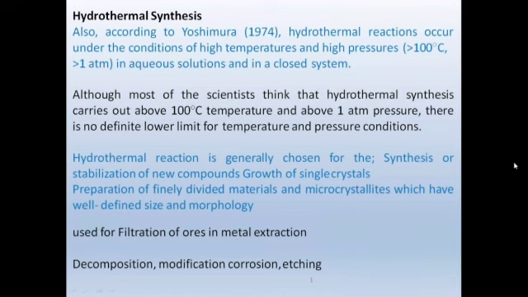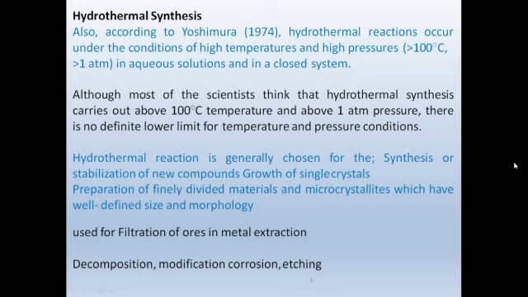So most scientists think that hydrothermal synthesis is carried out above 100 degrees Celsius temperature and above 1 atm pressure. There is no definite lower limit for temperature and pressure, which is an important point.